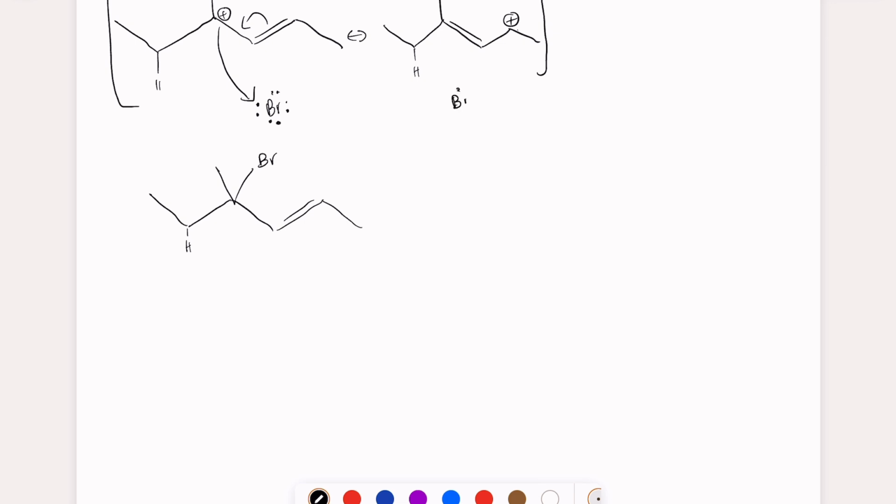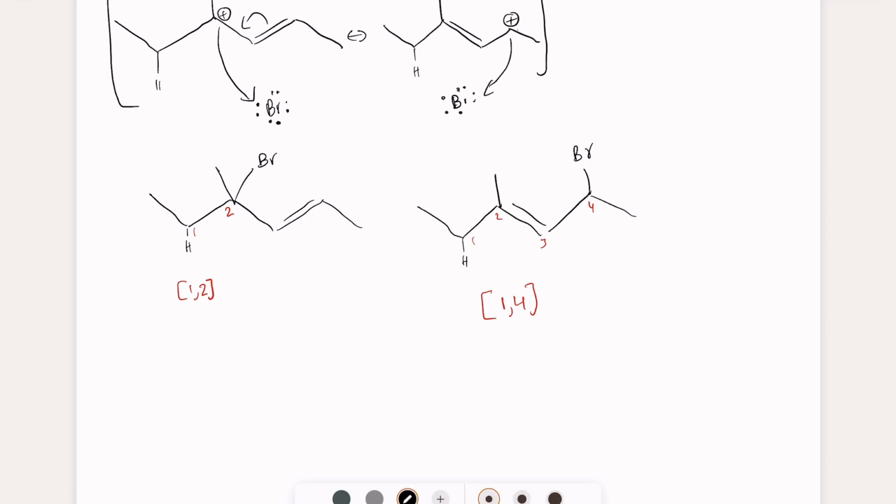And if the same happens on this one, it's leaving you with this product here. Now we can count how far away they each are. So you have 1, 2 addition, and here you have 1, 2, 3, 4, 1,4 addition.